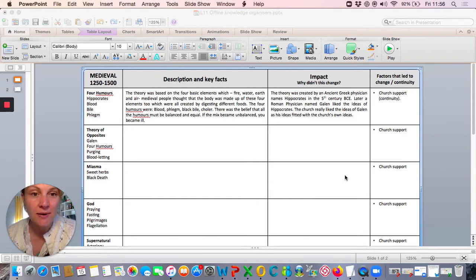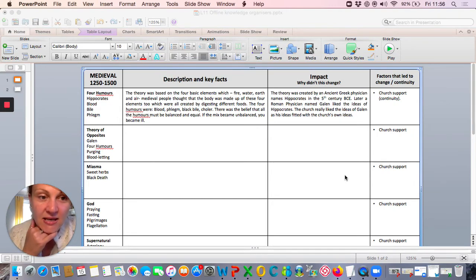What I've tried to express in this column is that the ancient Greek physician Hippocrates' ideas existed because later on Galen developed the ideas of Hippocrates, and then later on still the church during the medieval time picked up on Galen's ideas and liked them, and decided that it would promote these ideas to their followers who were illiterate. So these were the only source of knowledge. The church was the only source of knowledge that they had access to.